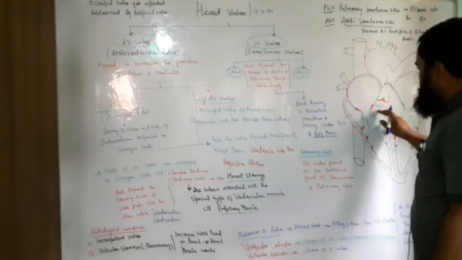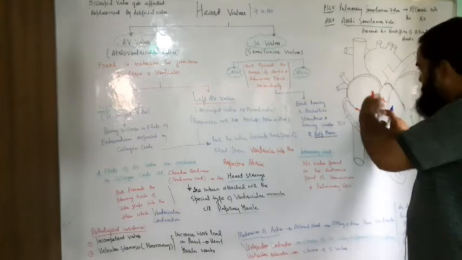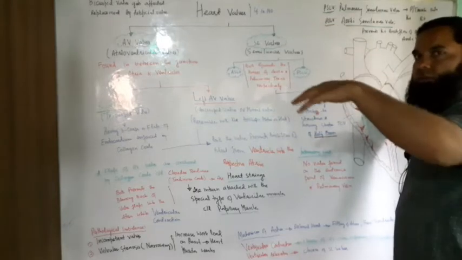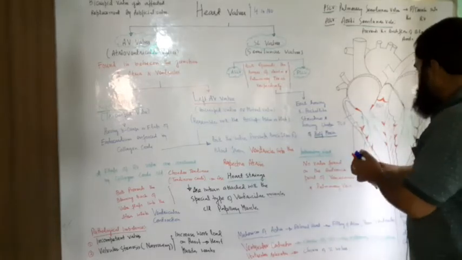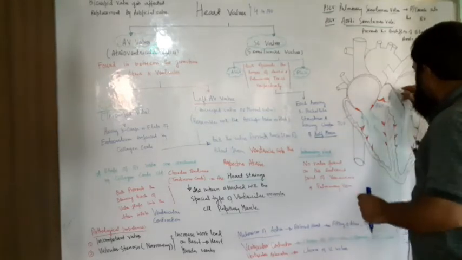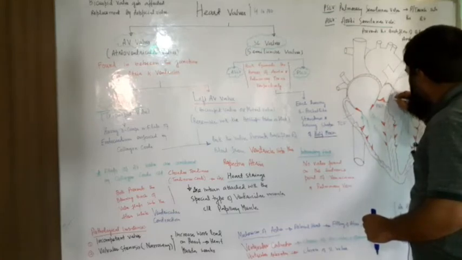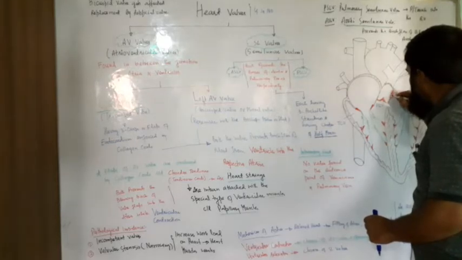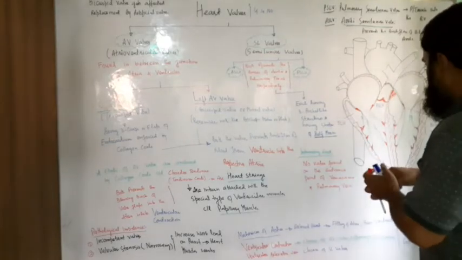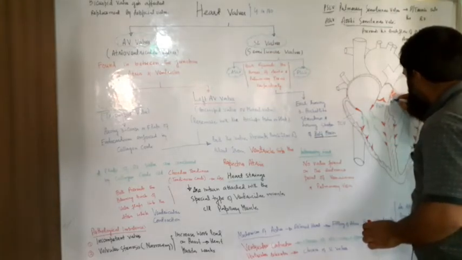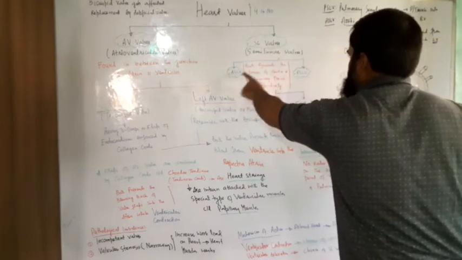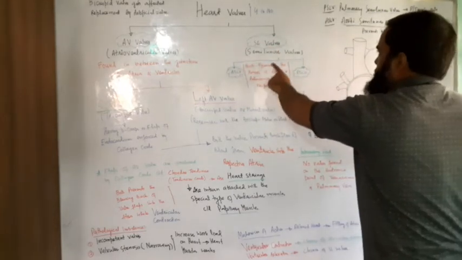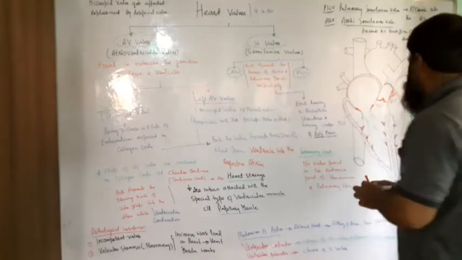Because it is concerned with the flow of blood towards the lungs for purification. And here is the aortic semilunar valve. So there are two semilunar valves, one is called the ASLV, another is the PSLV. Both guard the base of the aorta and pulmonary trunk respectively.